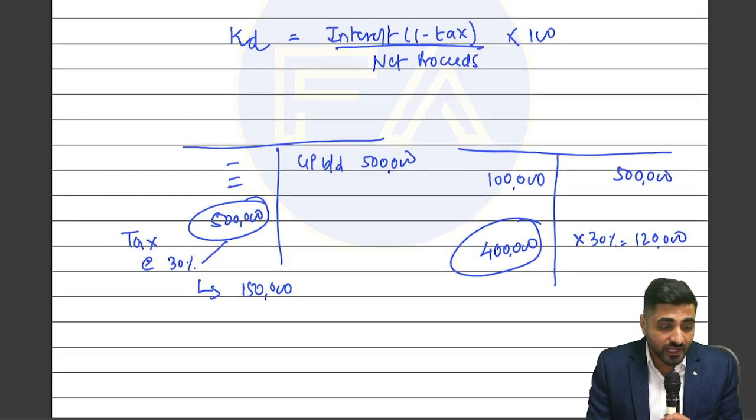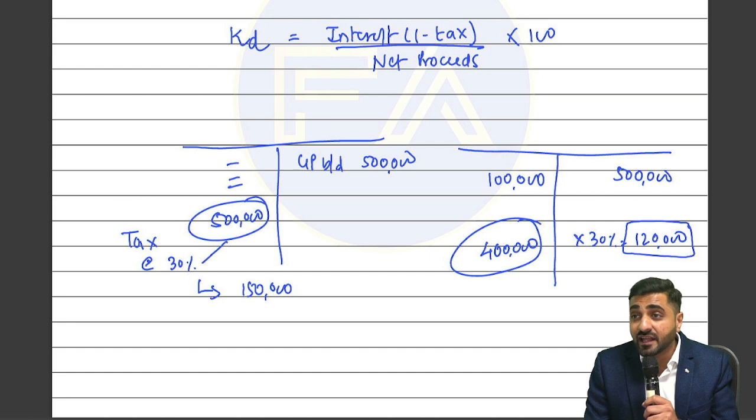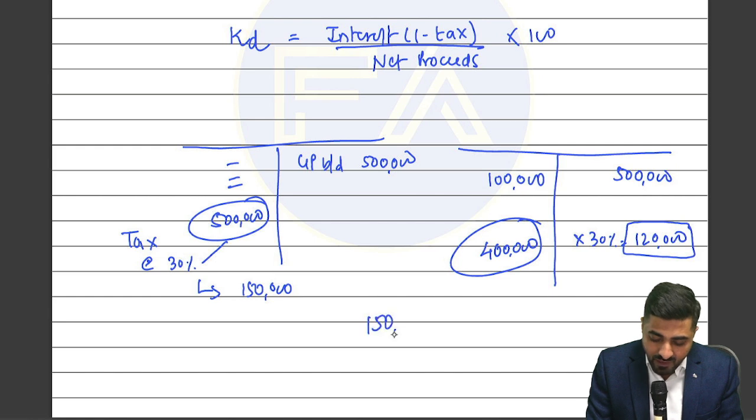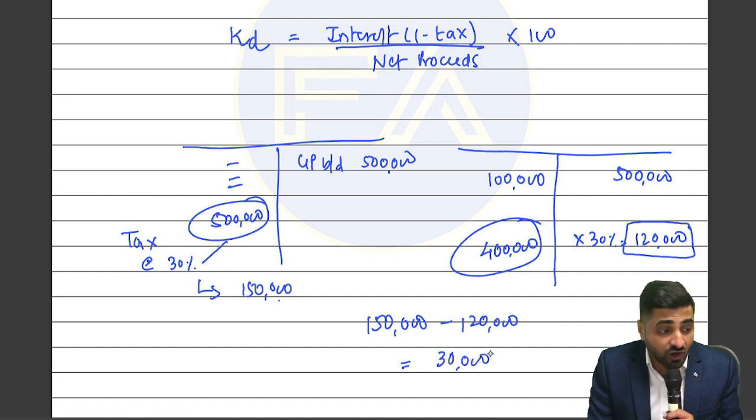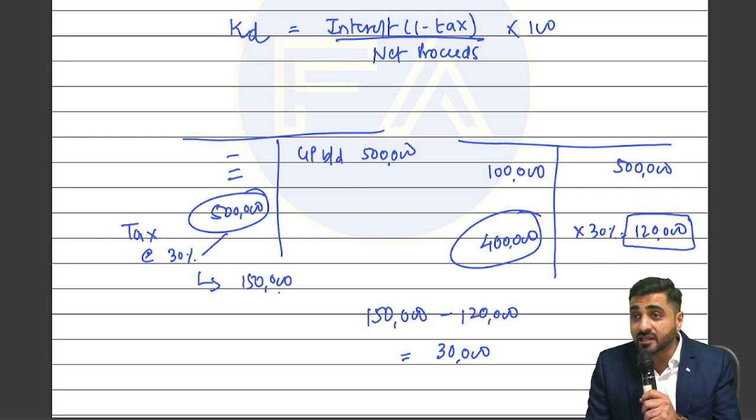Can you just check that because of interest, are we paying a lesser amount of tax? If I would not have paid interest, I would have paid 1,50,000 as tax. From this, if I subtract 1,20,000, then because of interest I am saving tax of 30,000 rupees. Yes or no? Yes, sir.